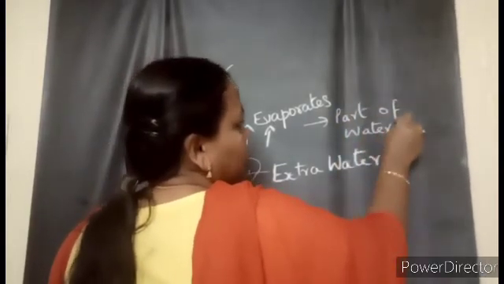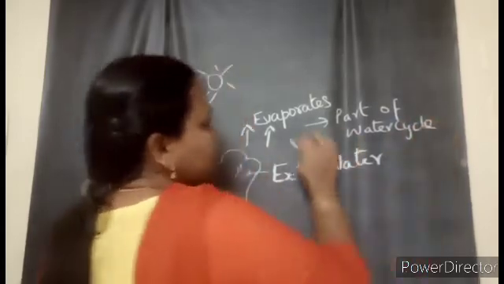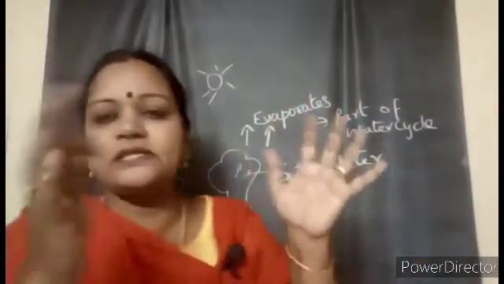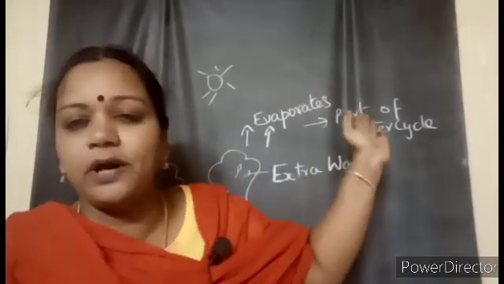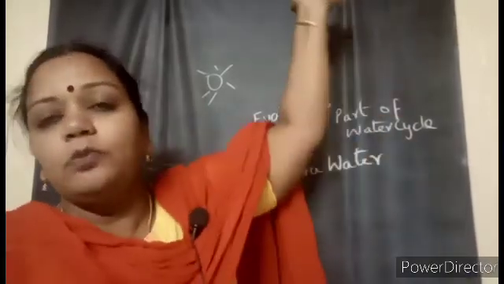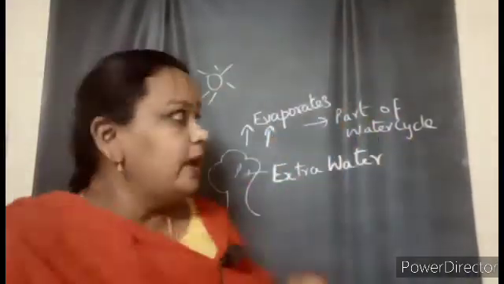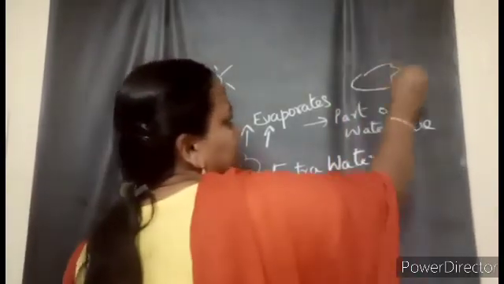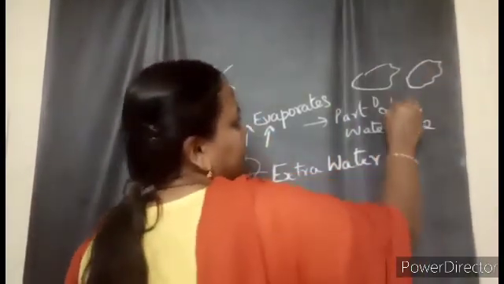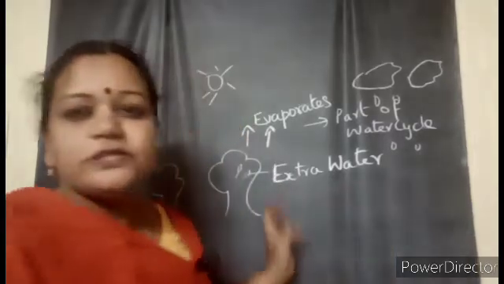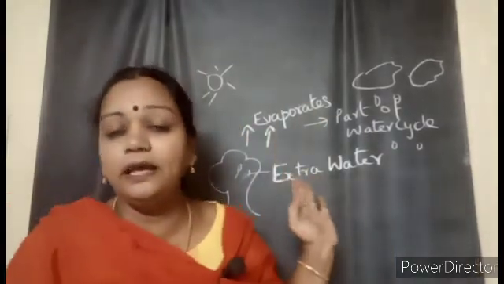From the water bodies also water is getting evaporated, no? So this water also mixes in, moves up, forms clouds and brings rainfall. This is how trees also help in bringing rain.